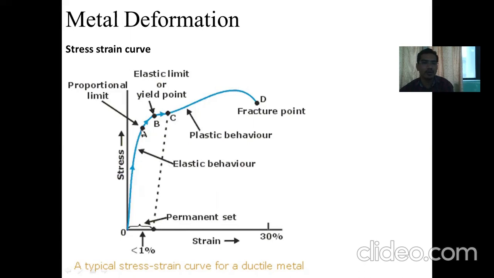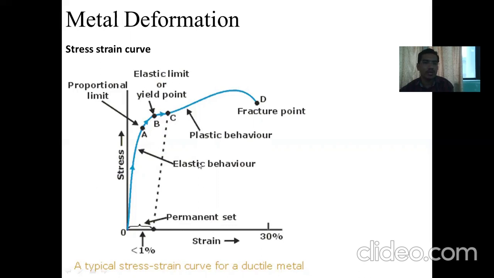Next, beyond point A, whenever we apply the load, plastic deformation starts. That region is called the yield region or yield point, where some amount of plastic deformation is going to happen.